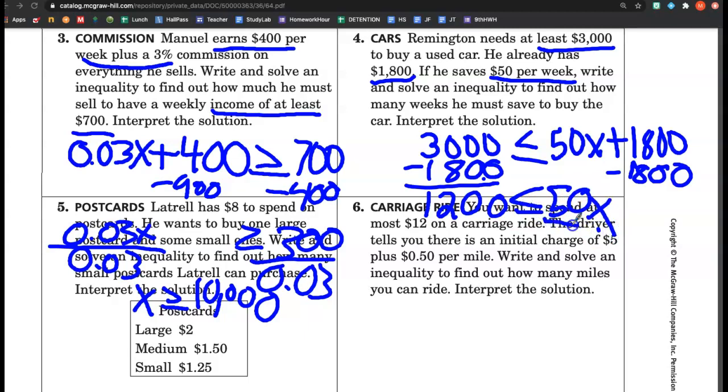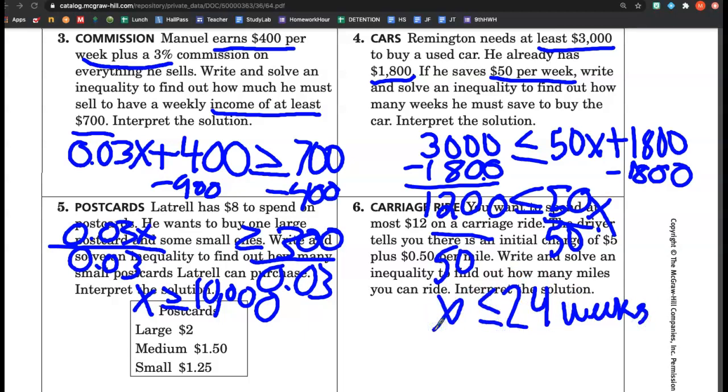And you can divide by 50 on both sides, and then you'll get 24 weeks. But you have an inequality. Flip your sign.